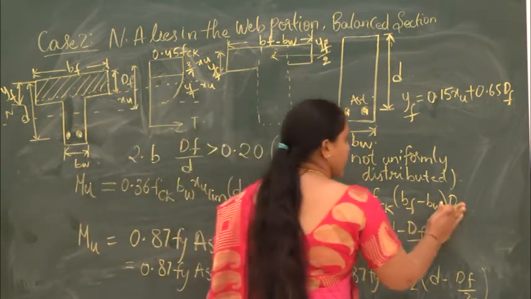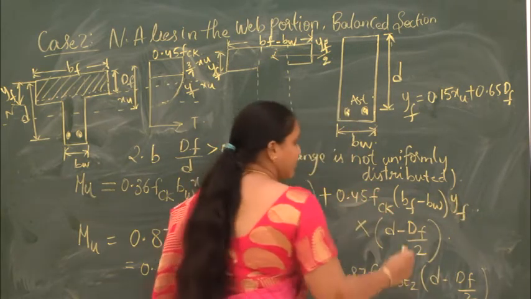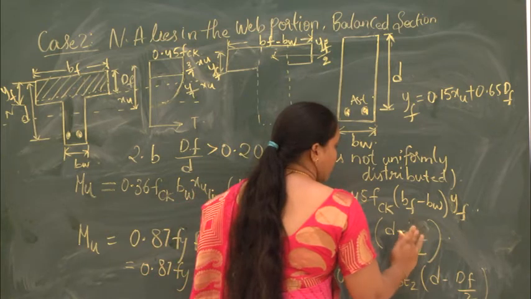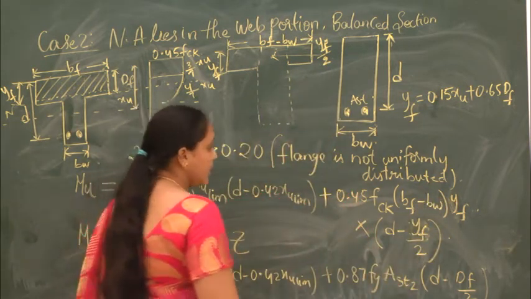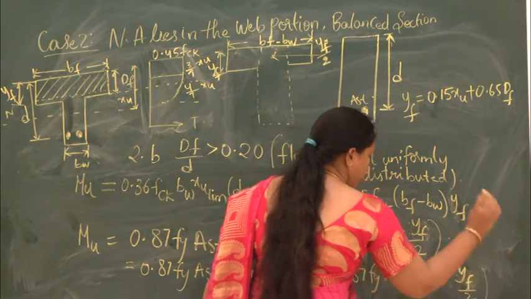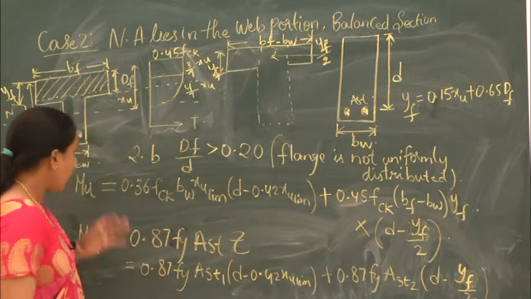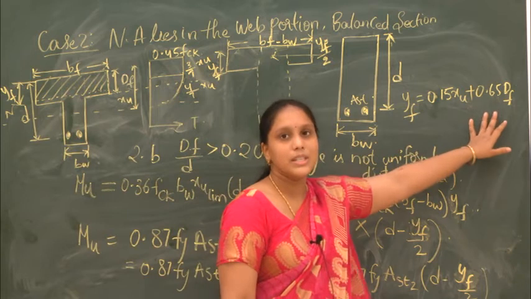So this will become Yf, and in a similar way, here also this is going to become Yf. And how is Yf calculated? Yf is calculated by using this equation.